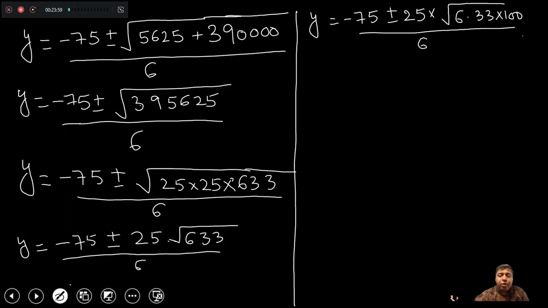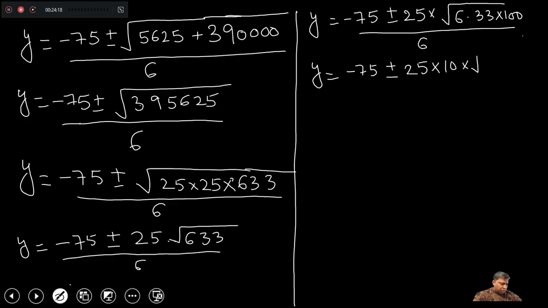So the square root of 100 is 10, minus 75 plus minus 25 into 10 into square root of 6.33. Let's find out the value of square root of 6.33.